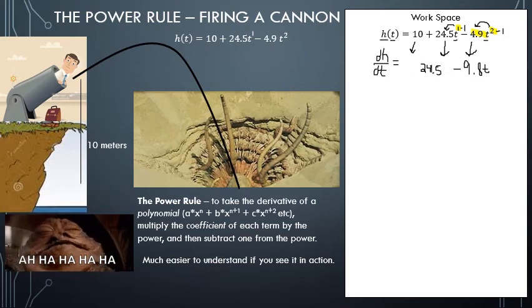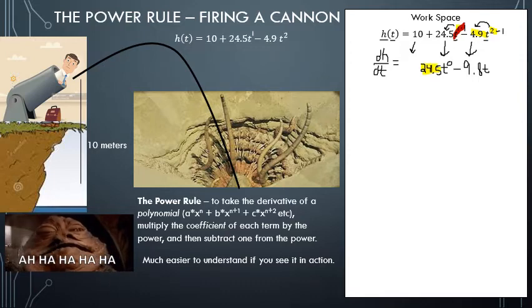So let's actually draw that this time, right? 1 minus 1 is 0. So 24.5 times t to the 0, which is just 1. So 24.5 times 1, which is 24.5. So when you have a t to the first, it just goes away, and you're left with the coefficient of what's left behind.